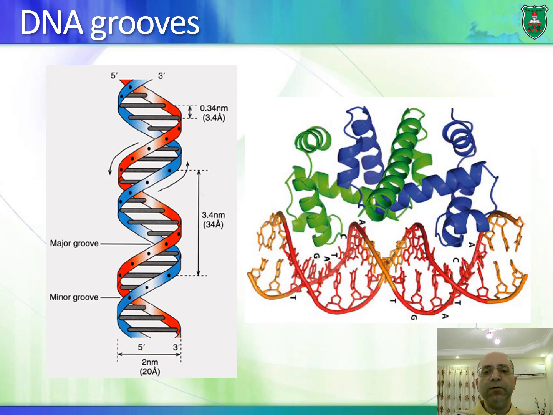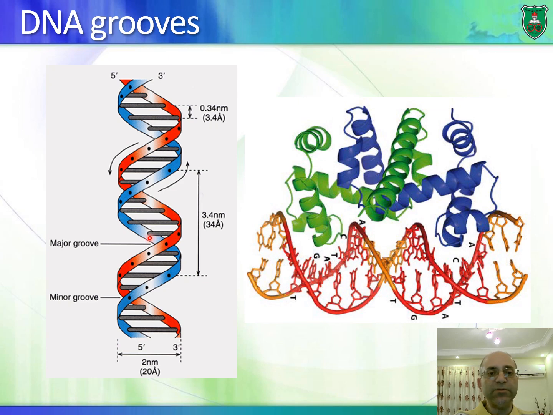Something important about the DNA molecule is that since it is not a perfect helical molecule, it contains what we call grooves. So there are two grooves in a DNA molecule. You have what is known as a minor groove and a major groove right here.